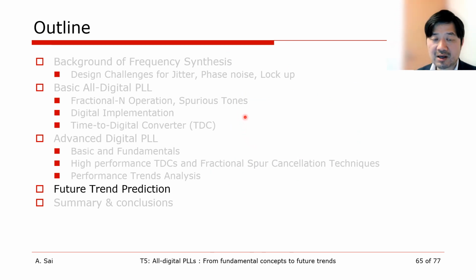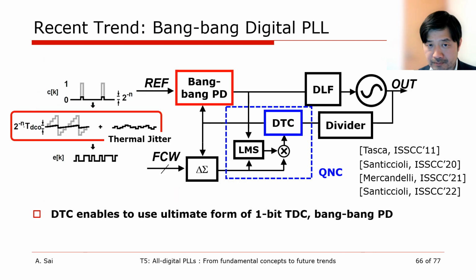From here, it may be a little digression, but I would like to mention future digital PLL performance trends. The introduction of DTC made it possible to use fine TDC with low power.